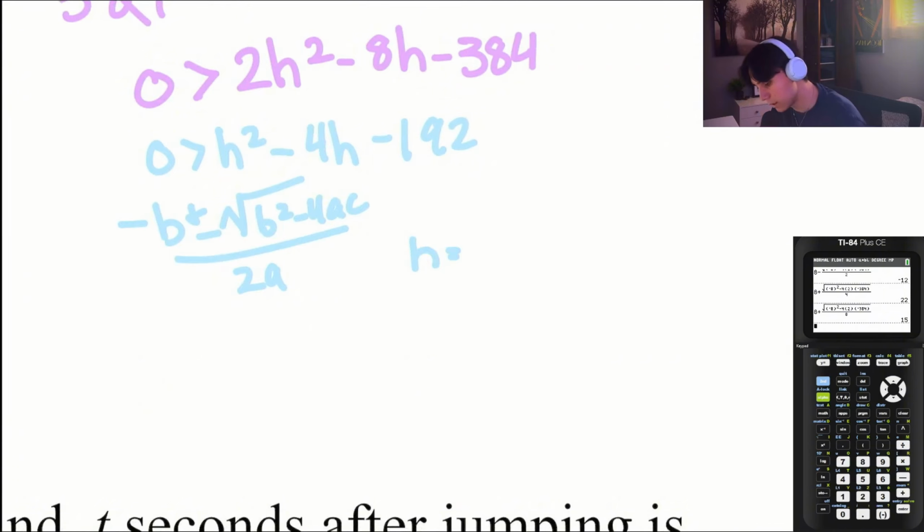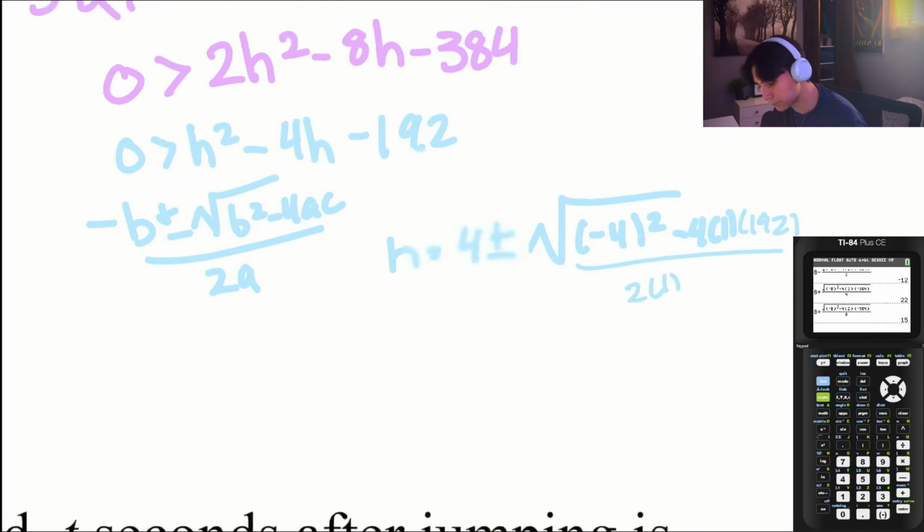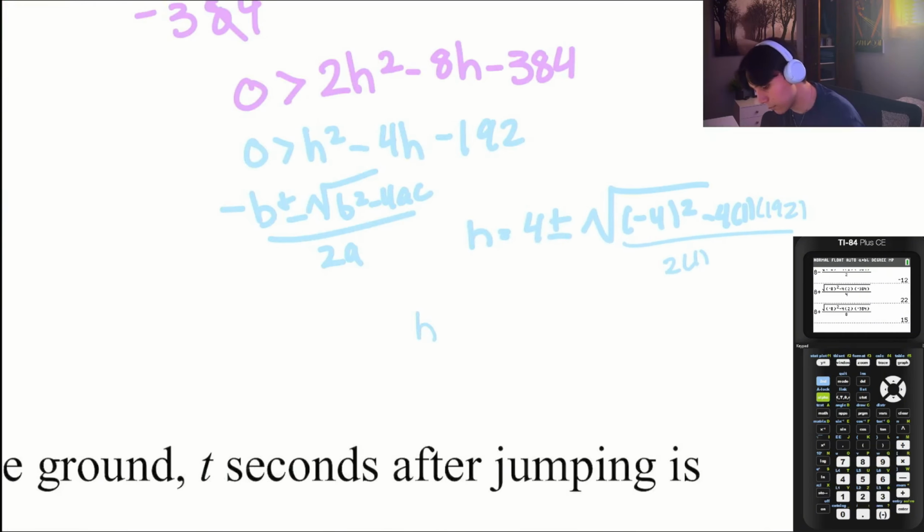So our h is going to be equal to 4 plus or minus the square root of negative 4 squared minus 4 times 1 times negative 192, all over 2 times 1. So once you plug that all into your calculator, you get your two solutions as 16 and negative 12.